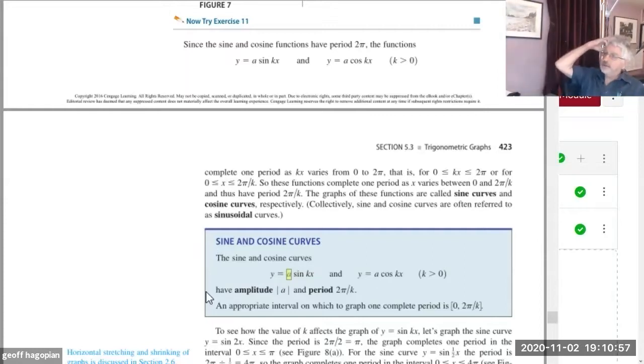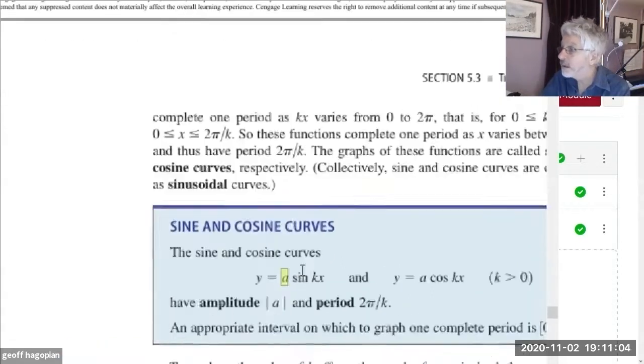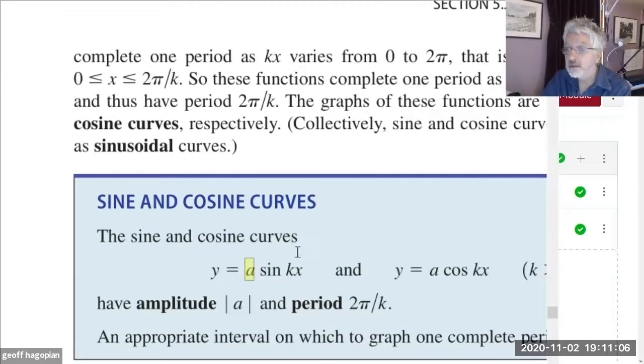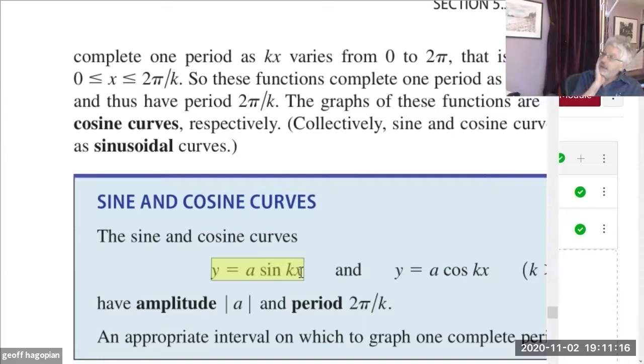We were just talking about these parameters for the sine and cosine curves, right? So looking at this here, there's no shifting. There's just stretching and shrinking both vertically and horizontally. So A will stretch or shrink vertically. And if A is negative, you'll also get a reflection in the x-axis.